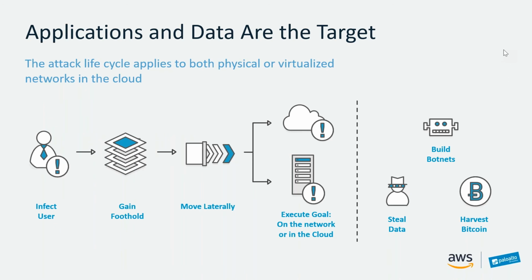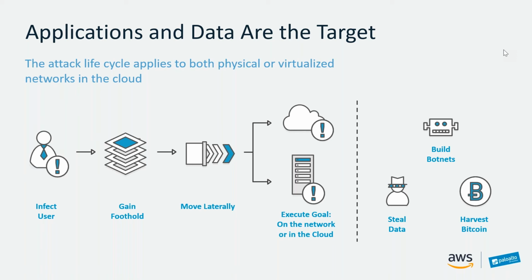Palo Alto Networks is a next-generation firewall on AWS, and it's important for everyone to understand, like Nick said when he talked about the shared security model, it's beholden to you, the customer, to ensure that your applications and data are secure. Your applications and data are the target. And remember that hackers are location agnostic.